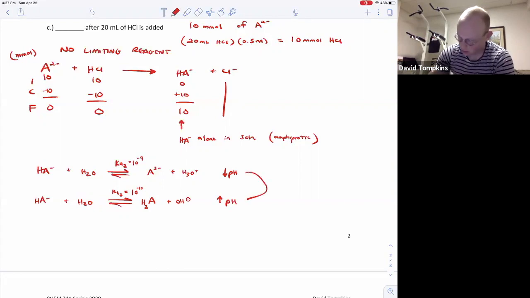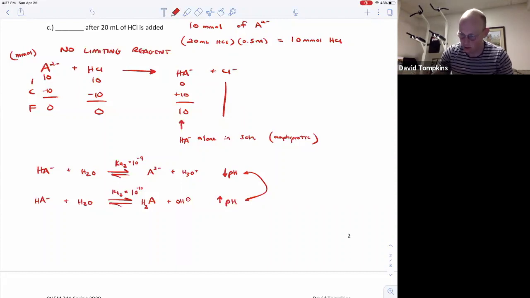So it's going to be some balancing act of these two pH changes, okay? These are counterbalancing one another. And therefore, we have to be able to consider both equilibrium constants. Now you should think first, which equilibrium constant is more product favored?